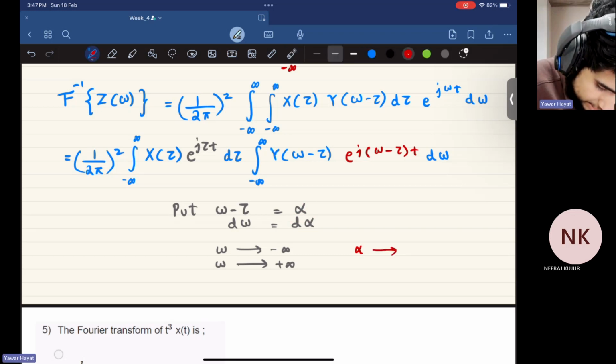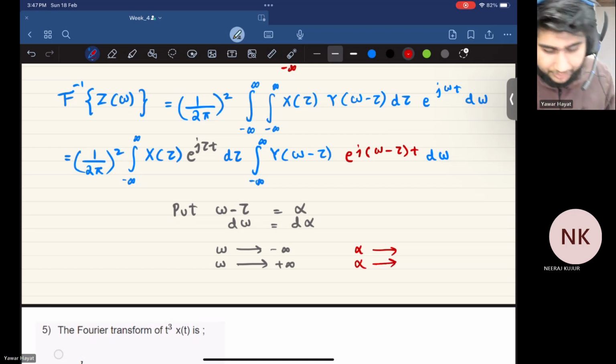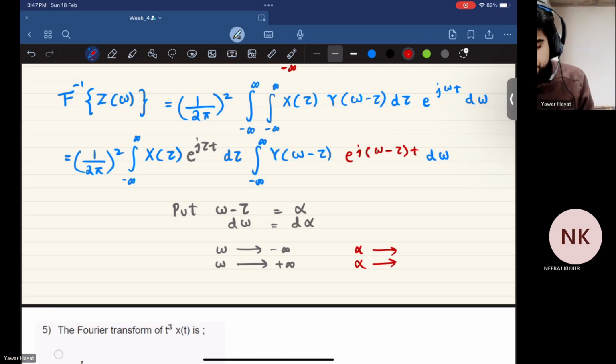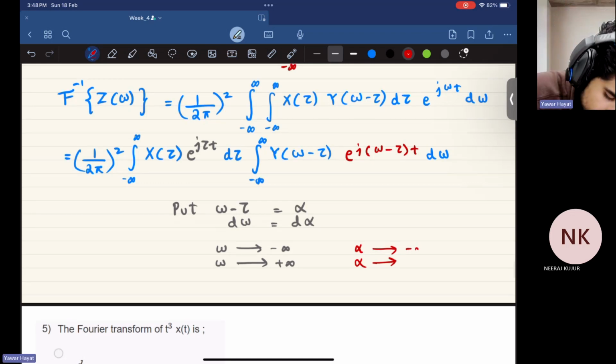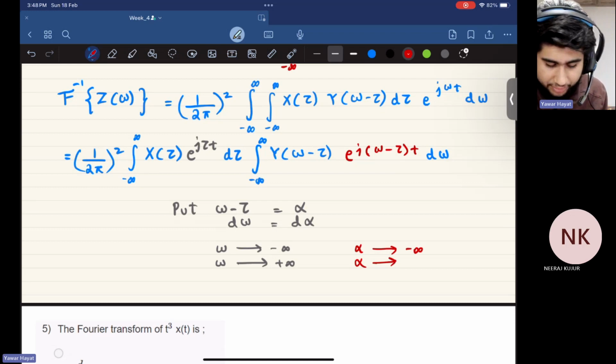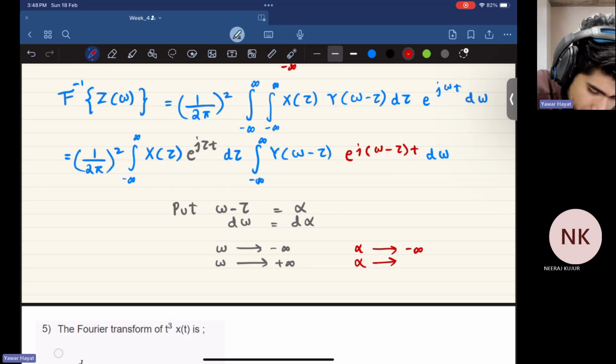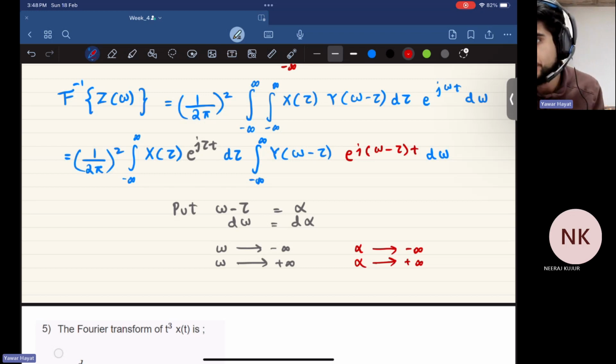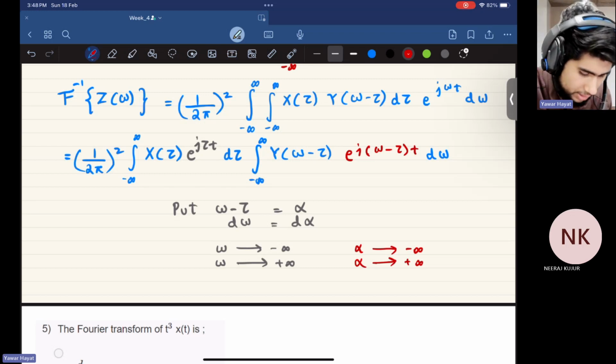What value should alpha take? Pretty straightforward. Alpha would also tend to minus infinity and alpha would also tend to plus infinity when omega would be minus infinity and plus infinity respectively.